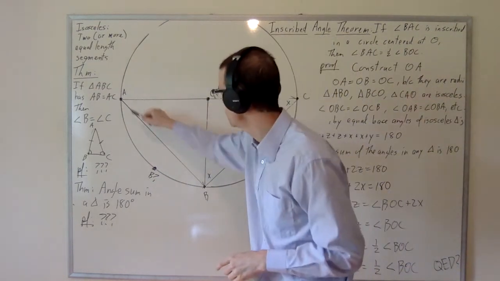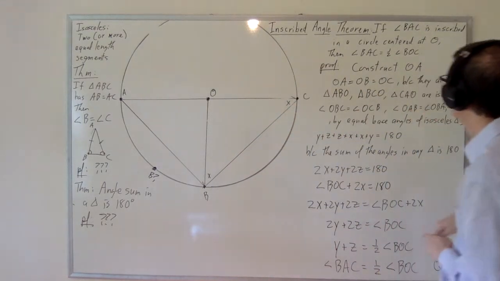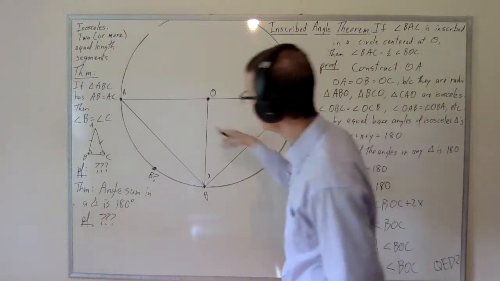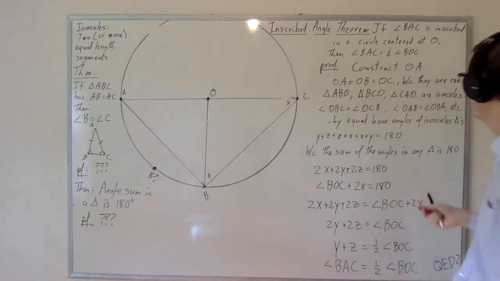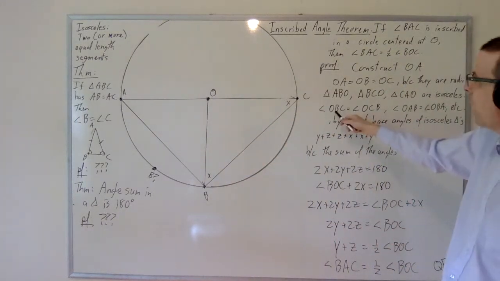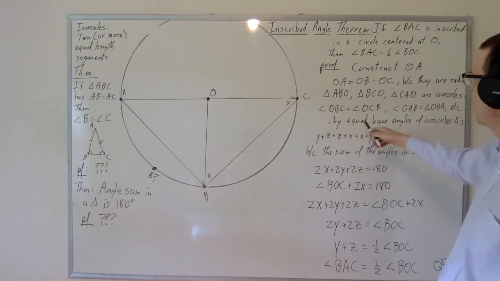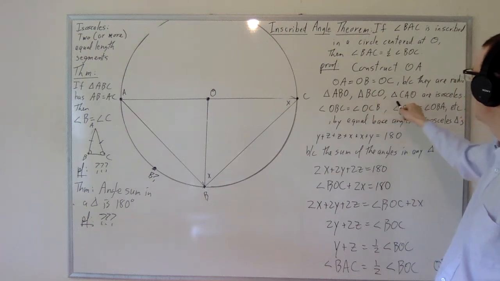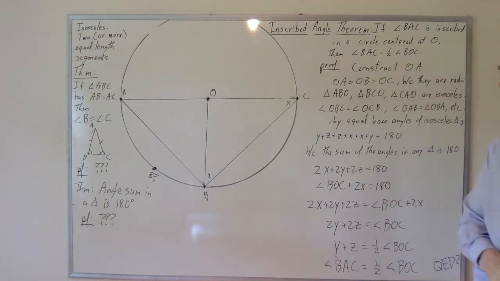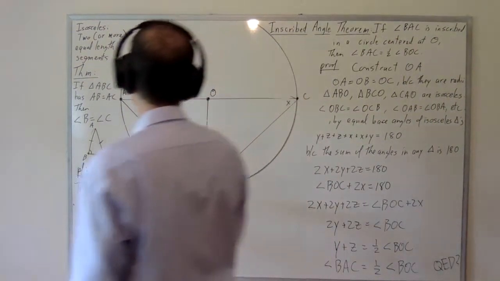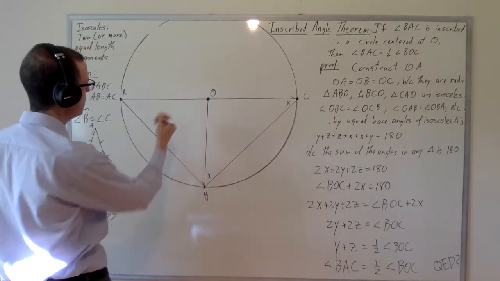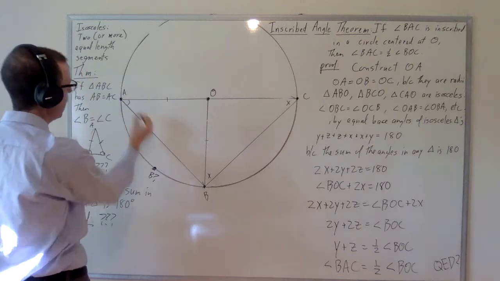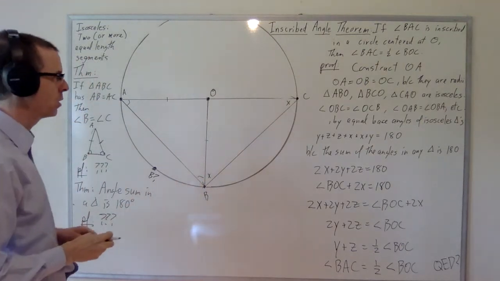But okay, I'll construct OA, even though sort of unnecessarily. Then OA equals OB equals OC because they're radii. That is still true, still correct, no problem. Okay, so now I have 3 isosceles triangles: ABO, BCO, and CAO. Now let's look. ABO is indeed isosceles because these two lengths are equal, and it follows that these two are equal angles.